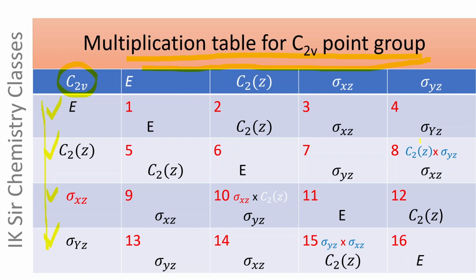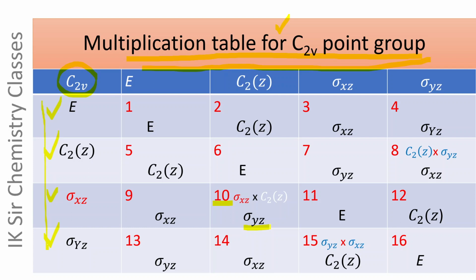There are 16 positions in this multiplication table for C2V point group, and each position represents the product of two symmetry operations. Let us consider the product at position number 10. The product is sigma yz.